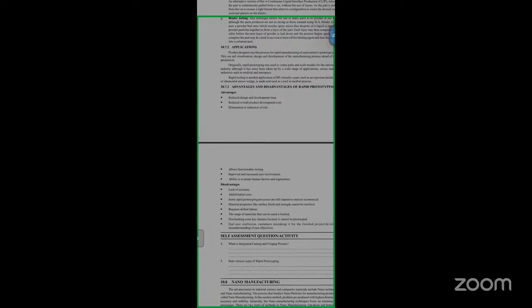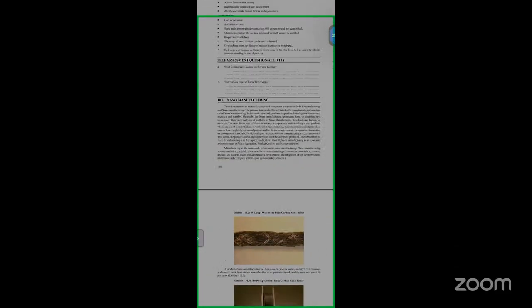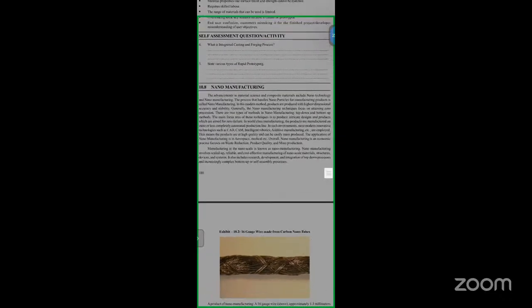Next is nano manufacturing. The advancements in material science and composite materials include nanotechnology and nanomanufacturing. The process that handles nanoparticles for manufacturing products is called nanomanufacturing. In this modern method, products are produced with the highest dimensional accuracy and stability.